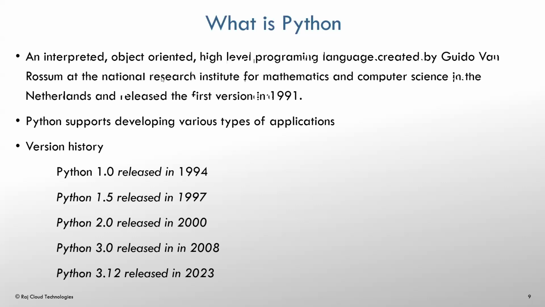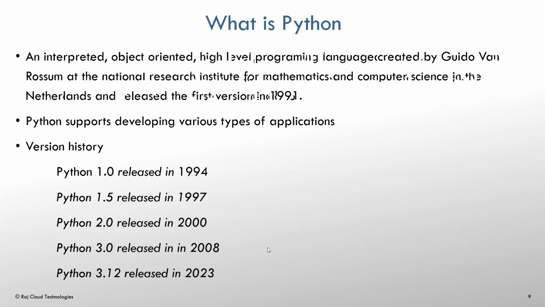And this is the history of the Python versions, when it got released. The first version was introduced in 1991, but 1.0 was released in 1994, and then 2.0 and 3.0.